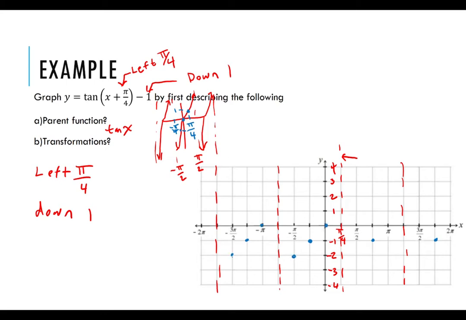So here and here, here and here. And once again. Now at this point I claim we really have enough to get the graph pretty close. And I claim that this is what our tangent function is going to look like.